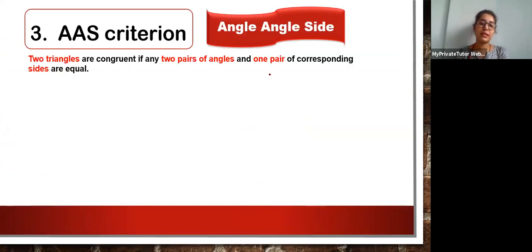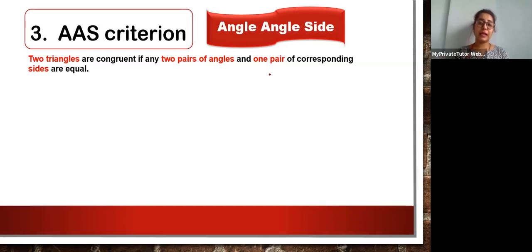Let's check what they say. Two triangles are congruent if any two pairs of angles and one pair of corresponding sides are equal. So two angles and one side.